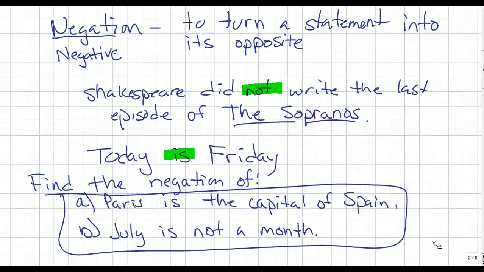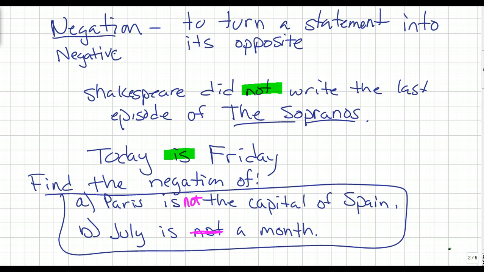Paris is not the capital of Spain. So if I were to actually go in here and write not, that becomes the negation of it, right? How about July is not a month? What's the negation of that? Okay, so if I just cross out not, that becomes the positive. Okay?